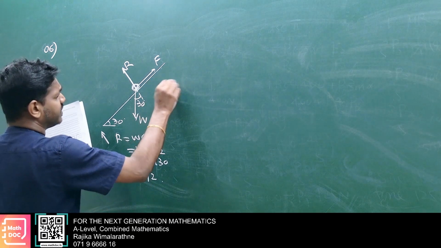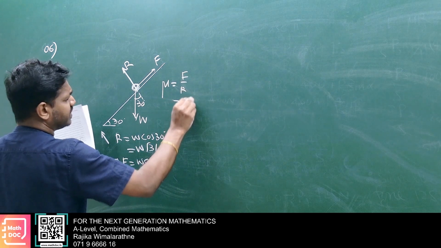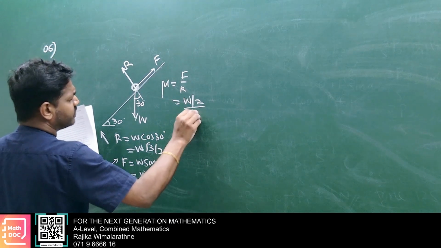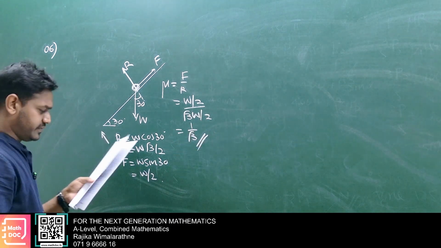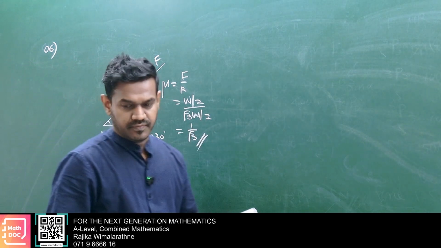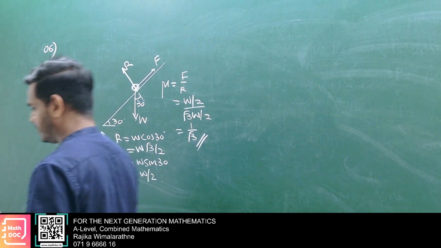Then mu equals F over R, which is W over 2 divided by root 3 W over 2, giving 1 over root 3. That is the coefficient of friction. Complete this, then we can move to past papers.